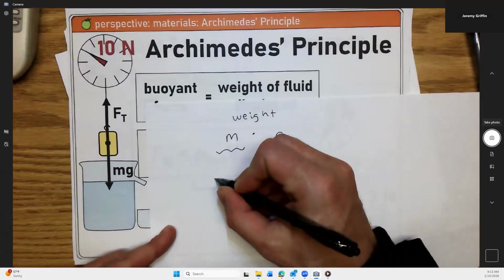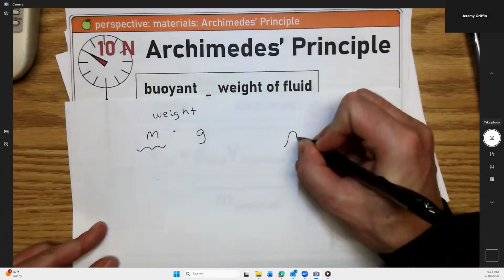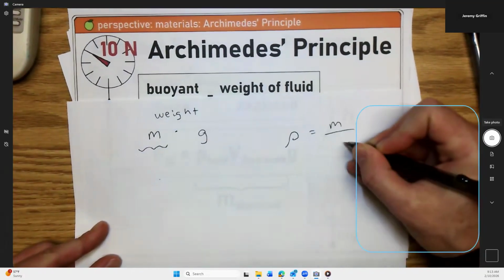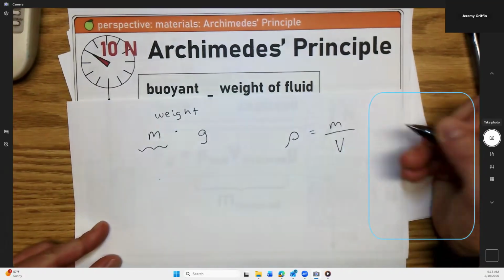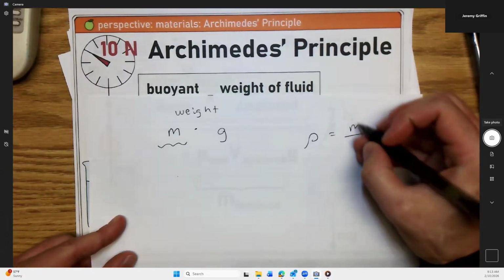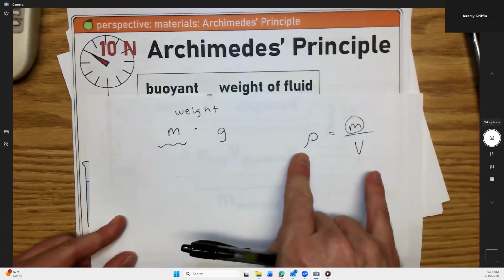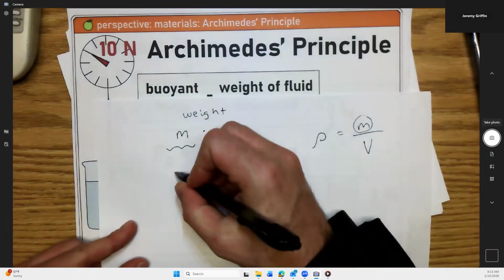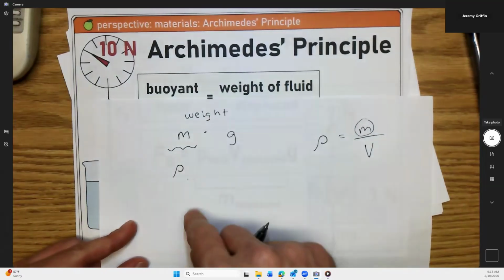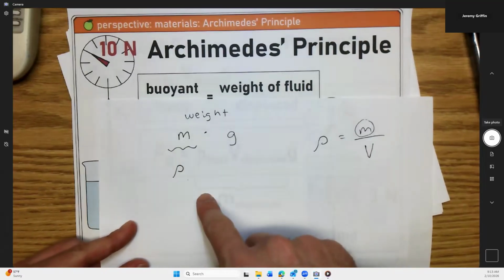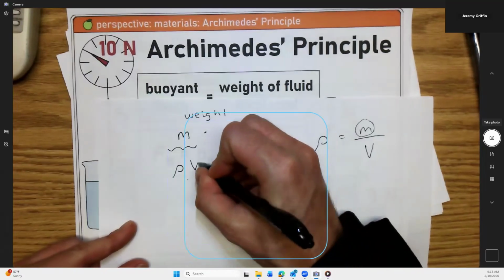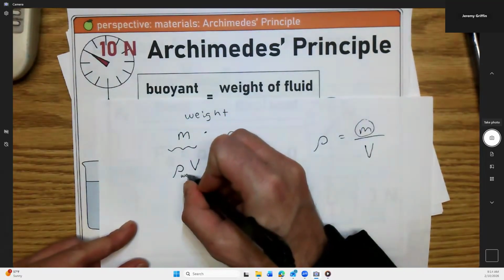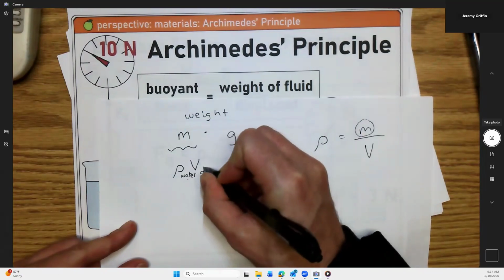Okay, so do you guys remember density is mass per what? Volume, mass per volume. Okay. So can I rearrange that and solve for mass and make it density times volume? Is that okay? Okay. So this mass could be density. We're talking about the density of the fluid, the density of the water in this case. Okay. Times the volume displaced. So this is water. This is displaced.